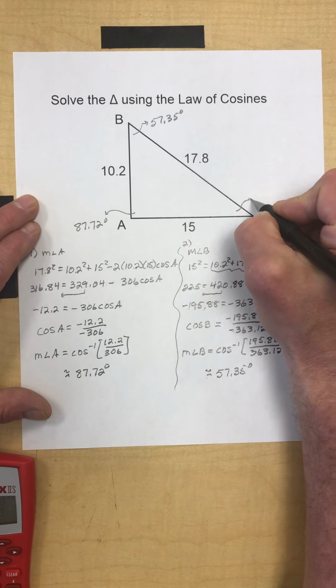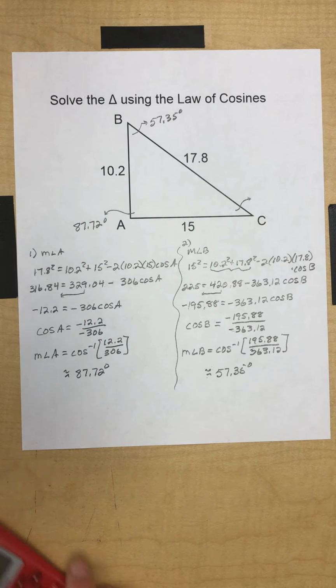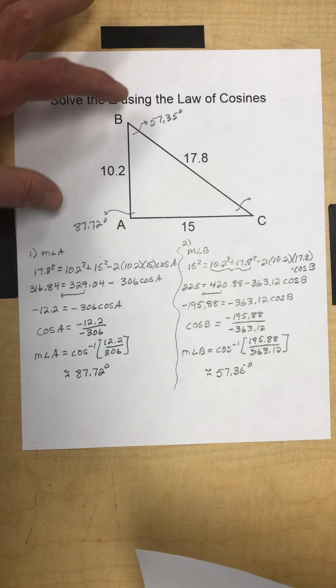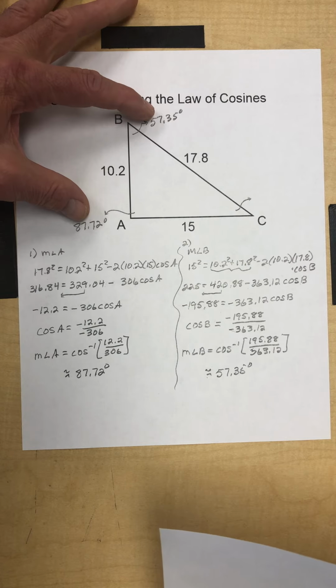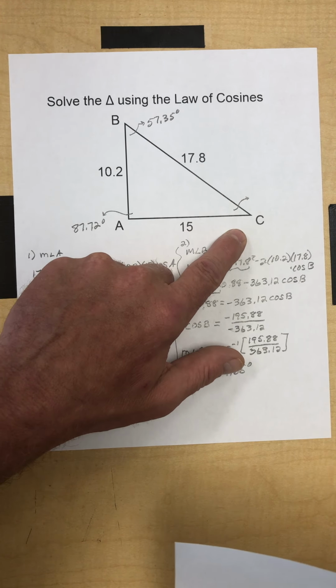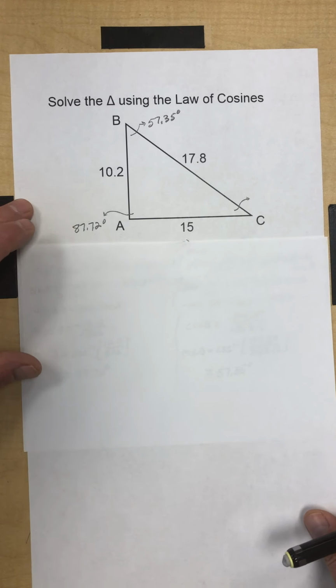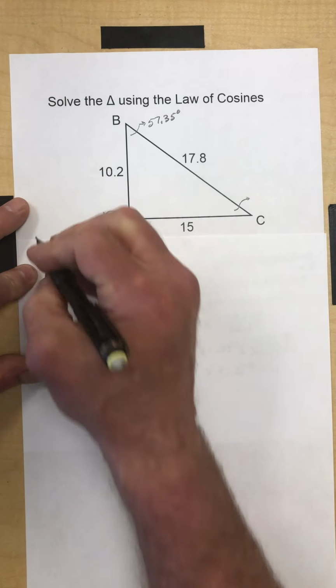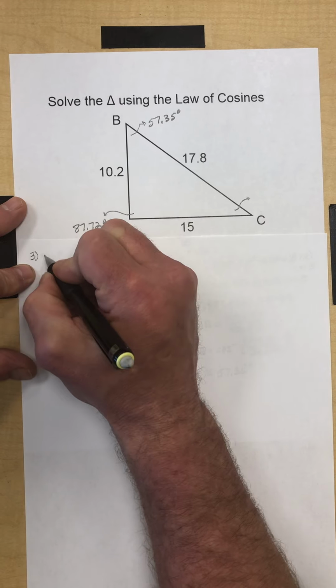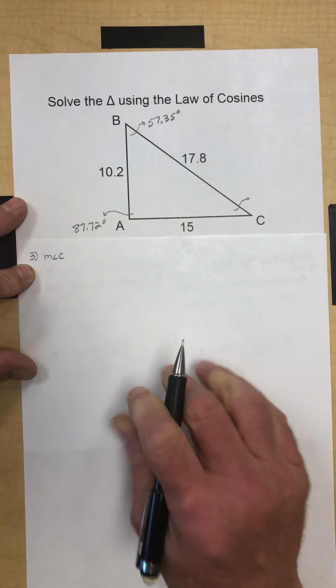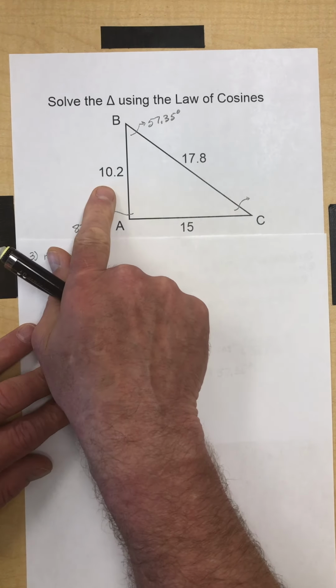Okay, so again, if you go ahead and apply the triangle sum theorem right now to find angle C, and if you have a mistake on either of these two or both of them, you're going to get a mistake on angle C and you're not even going to know it. Okay, so let's see. My third guy. I got to do the measure of angle C. Okay, so we have to start with 10.2.